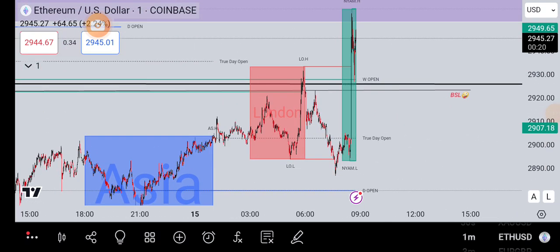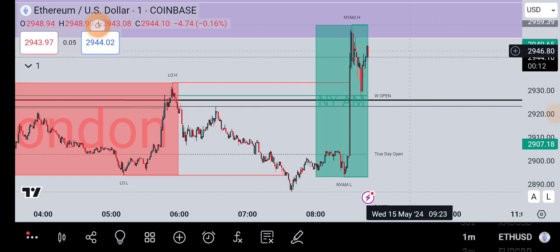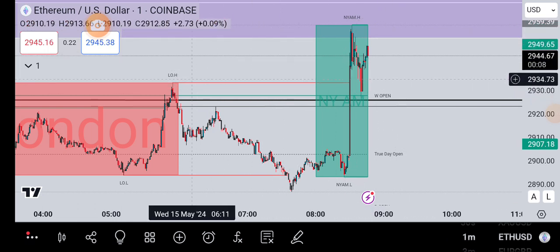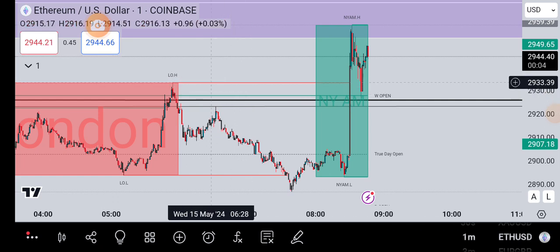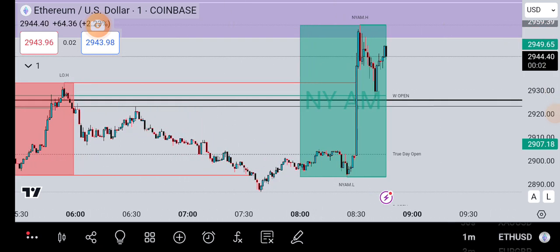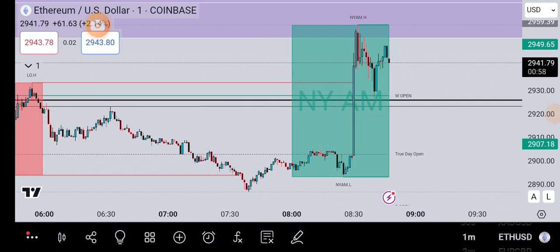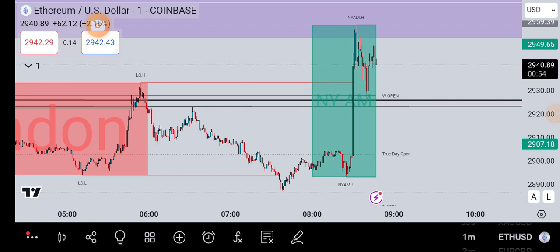And for now, we want to wait for an opportunity to present without hurrying, because we have our key level, our liquidities that has been engineered, a key price point. This liquidity above has been taken. Now it's a matter of being patient and probably waiting for a confirmation that we are going lower.